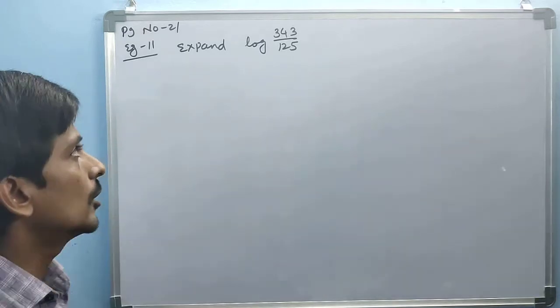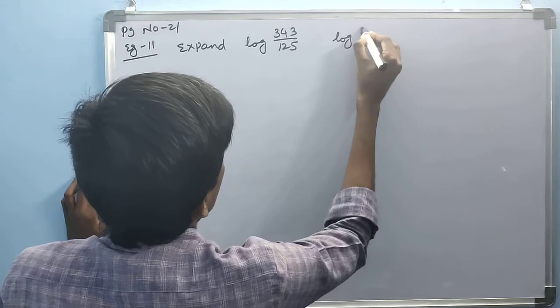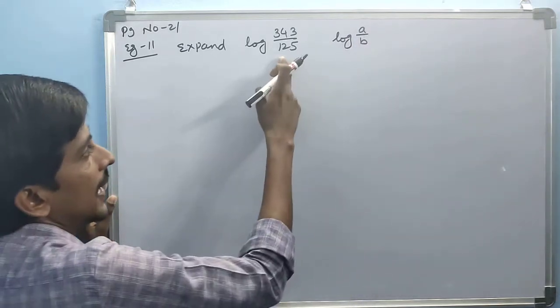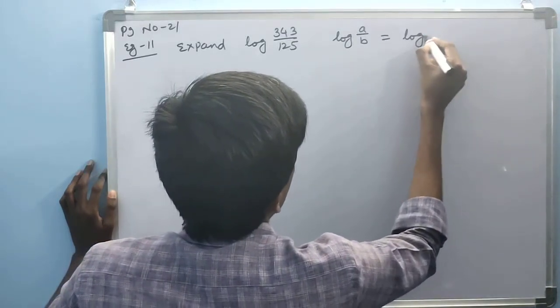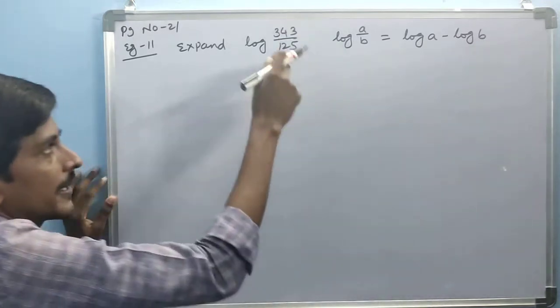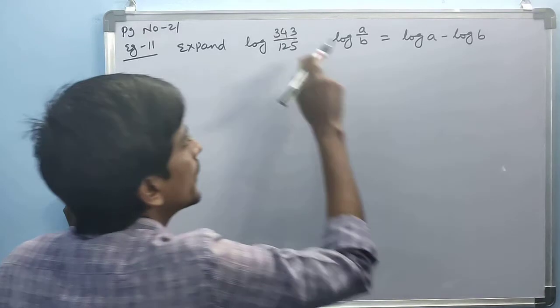So it is in the form of log a by b. Log a by b can be written as log a minus log b.